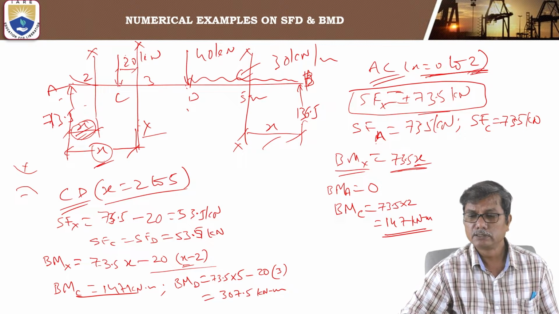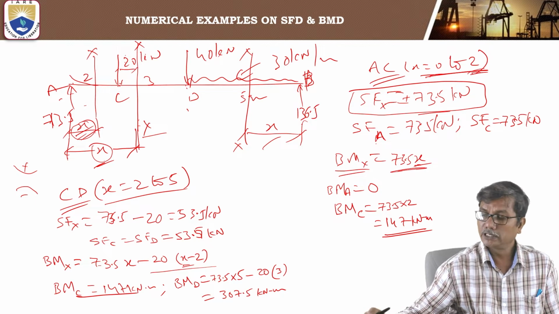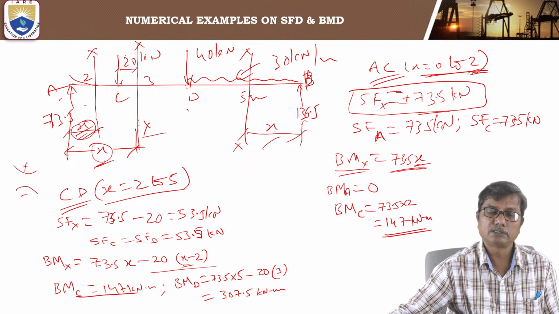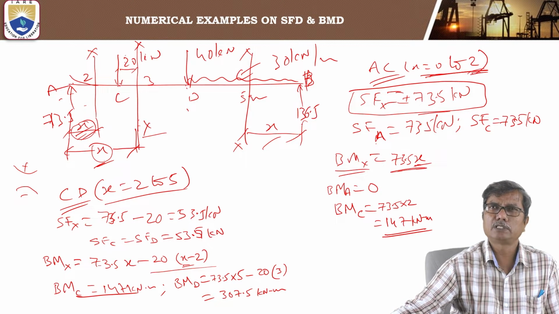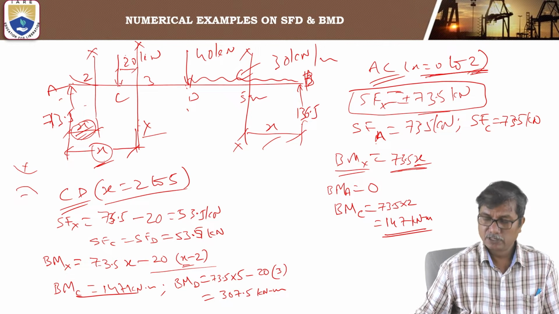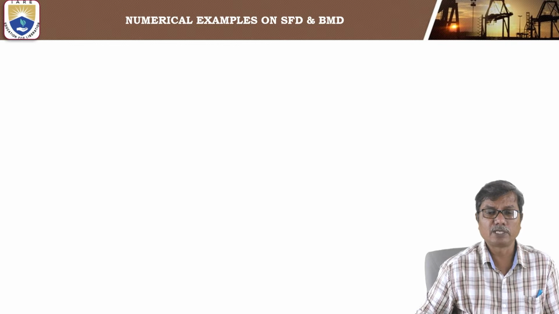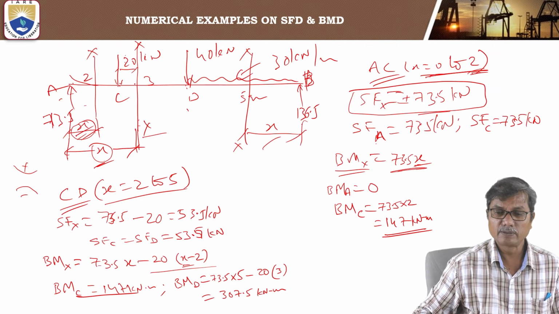So next, like this, we have to consider various sections, and we find shear force and bending moment at salient points. Now let us consider the section between BD.